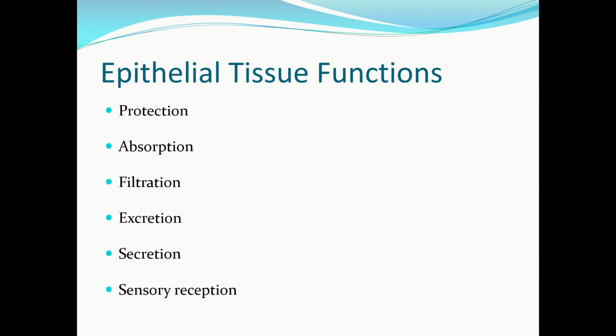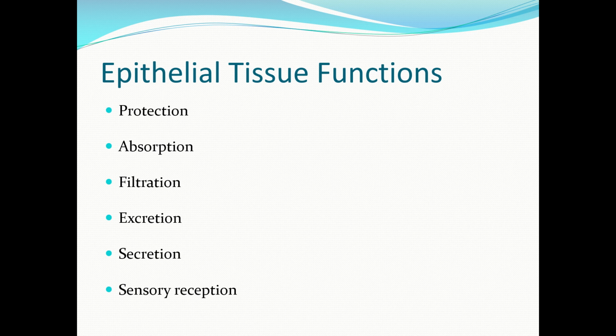Now let's talk about epithelial tissue. There are several functions of epithelial tissue: protection, absorption, filtration, excretion, secretion, and sensory reception. Protection against abrasion, pathogens, and other elements occurs on the epidermis of the skin.